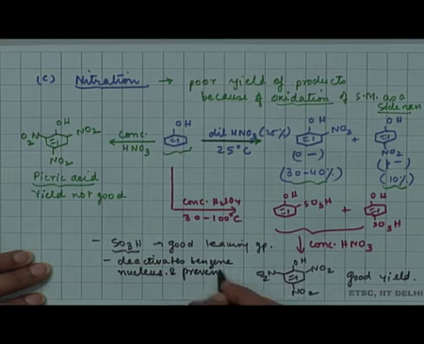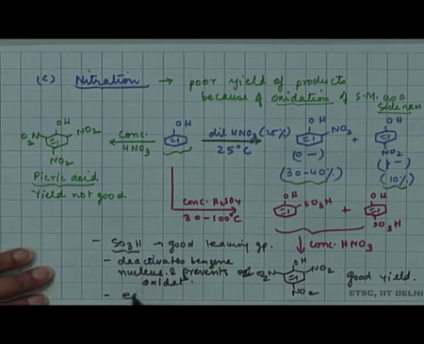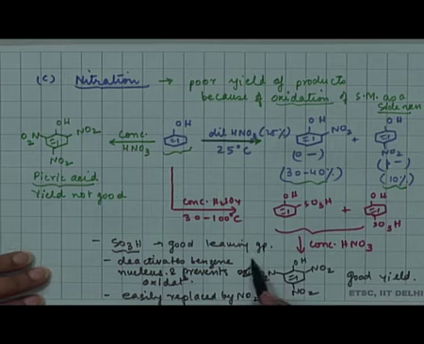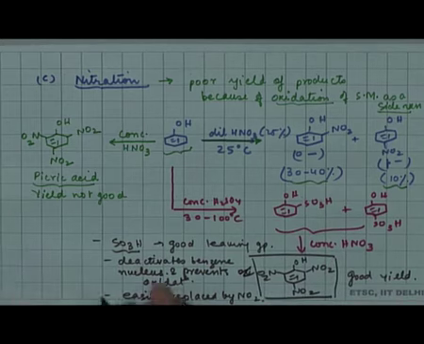So, it prevents the oxidation by deactivating the benzene nucleus of the phenol, and then it is easily replaced by NO2. So, this method for making picric acid is better in terms of the yield as compared to a direct nitration.